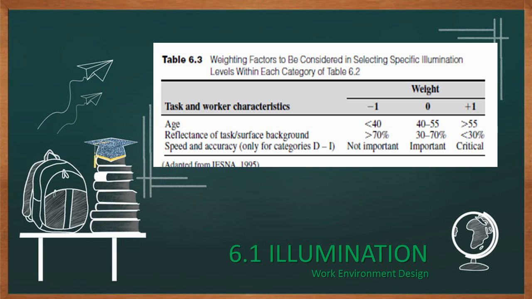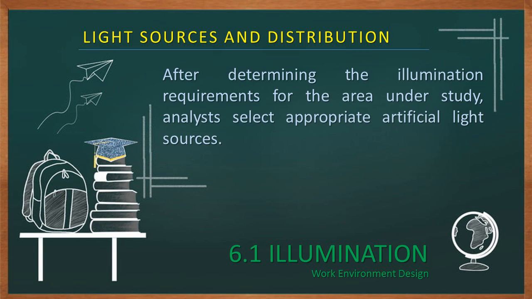If the people in the environment are older, there is a tendency that they are more sensitive to illuminance, or their vision is sensitive to illuminance. So that's why we have to identify the activity that needs to be performed for that particular place, and also we need to consider the age of the people in that place.